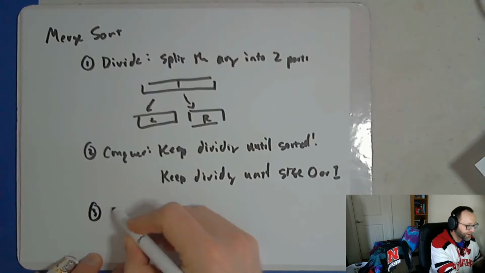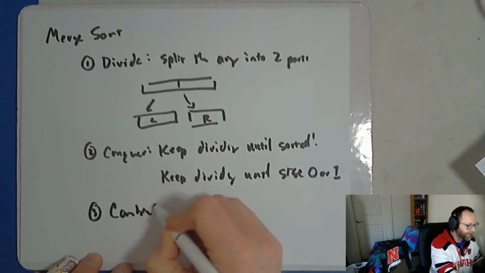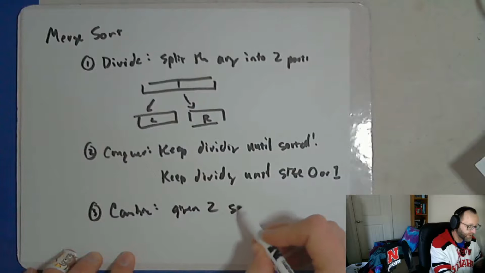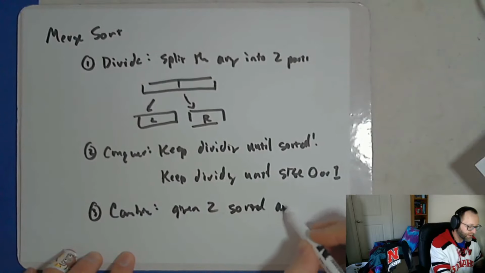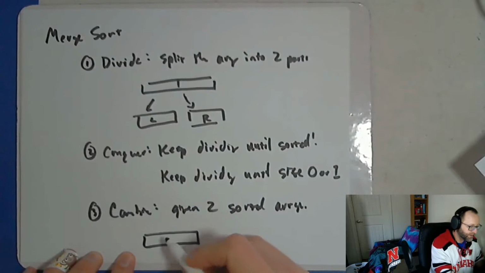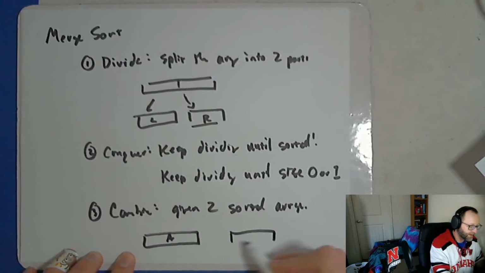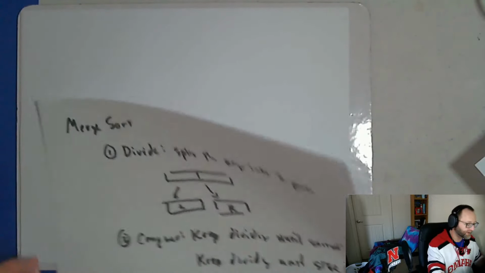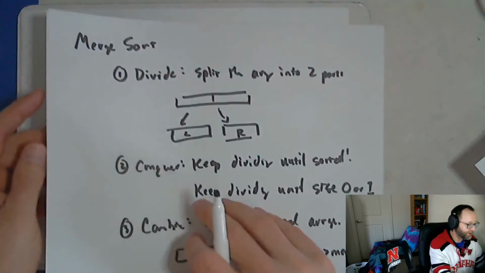There's a combine part at the end. So given two sorted arrays, A is sorted, and B is sorted, then all we need to do is merge them together. And the way that we do that is what I'm going to concentrate on as far as this algorithm goes, because hopefully the rest is pretty straightforward.